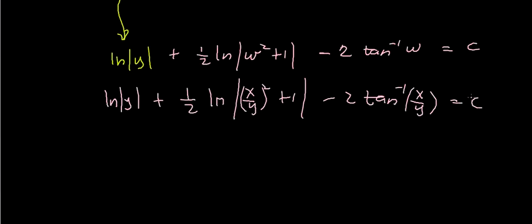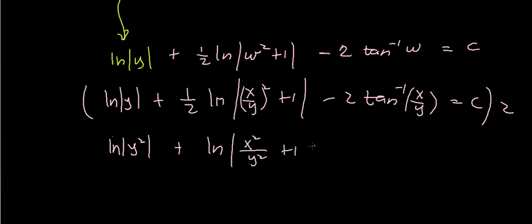And using the property of logarithm, let's multiply this by 2 first. So we have ln of y squared plus ln of (x squared over y squared + 1) minus 4 arctangent of x over y is equal to 2c, or c.